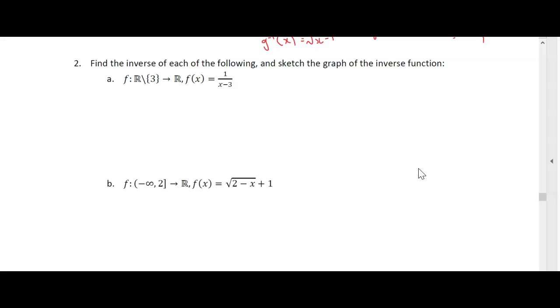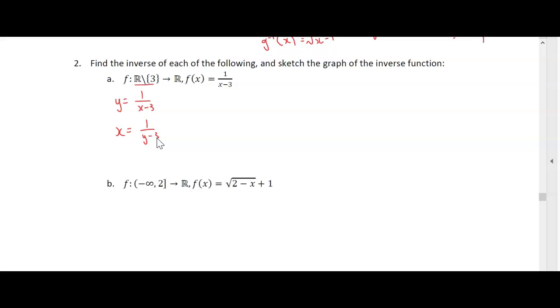All right, number 2, find the inverse of each of the following. So we've got the restricted domain, so x can't be equal to 3, because if we were to substitute in 3 for x, it's undefined because our denominator will be 0. So let's write y equals 1 over x minus 3. Switch your x and your y.